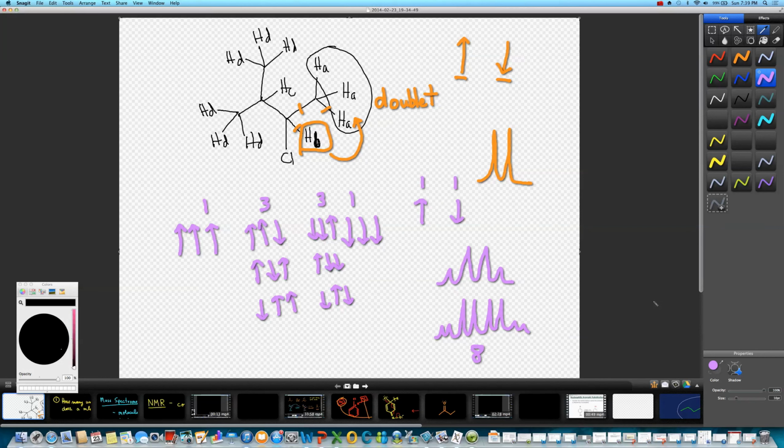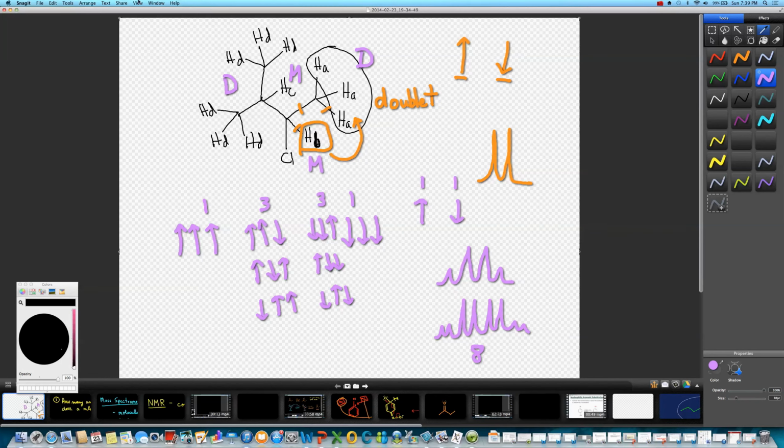So we would abbreviate HA as a doublet. We would call HB a multiplet because it's more than 5 peaks. HC the same thing because you would see 7 peaks from here and 2 peaks from here. We'll call that a multiplet as well. And HD, of course, would be a doublet again.